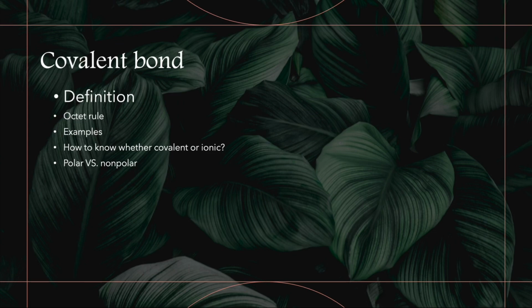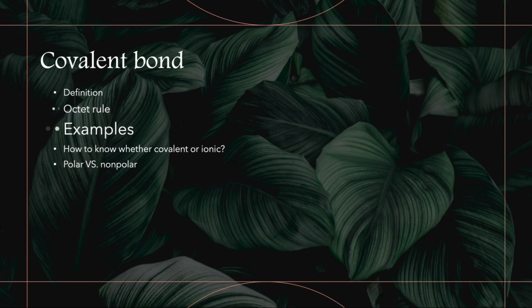So when we say full electron shell, it's called the octet rule. Covalent bond occurs between two nonmetals, such as hydrogen, oxygen, carbon, nitrogen, chlorine, etc. For example, we have water or H2O, we have oxygen gas or O2, and methane or CH4.